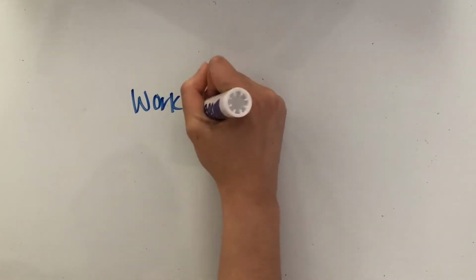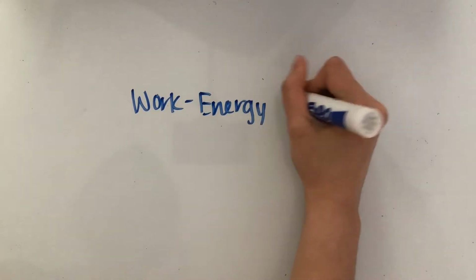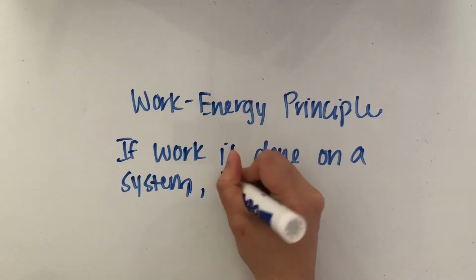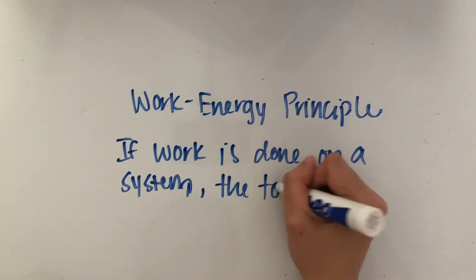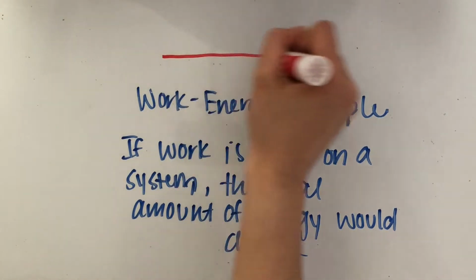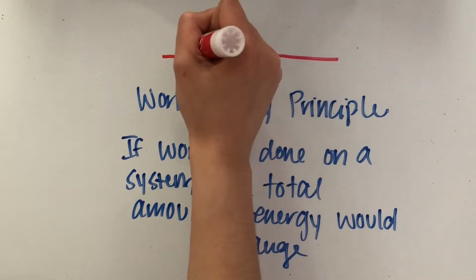The work energy principle basically states that if work is done on a system, the total amount of energy would change. An example of this in action would be a block sliding across a rough surface.